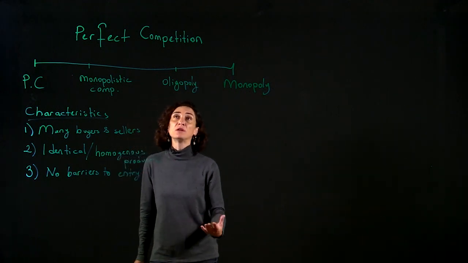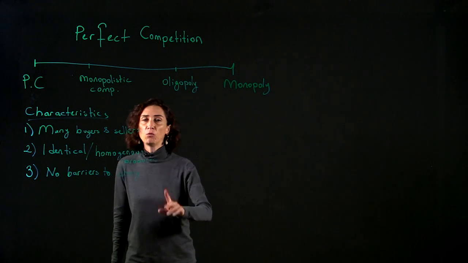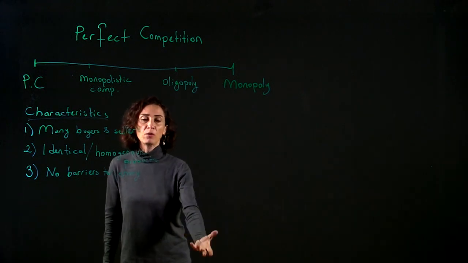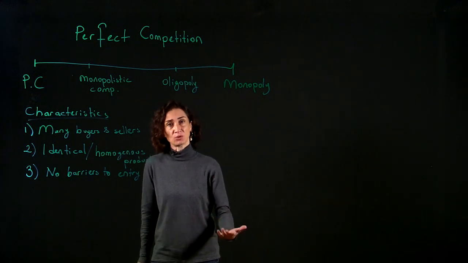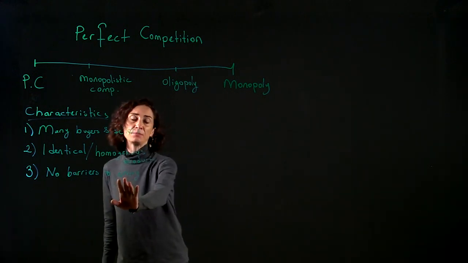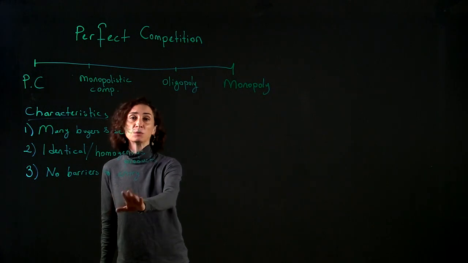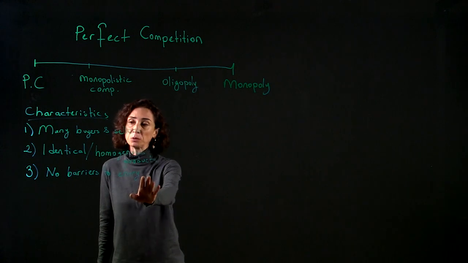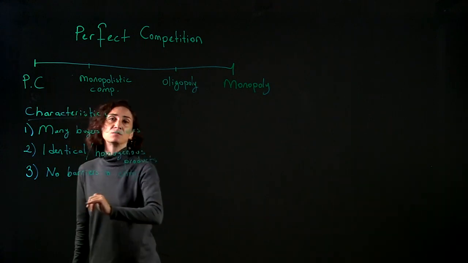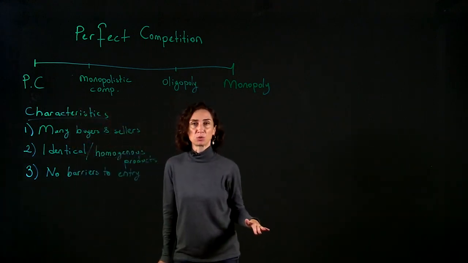If the government says, I only allow one firm to provide electricity in Ankara, then that is a barrier to entry. Barriers to entry can be natural or legal, we will see. They can be bad or sometimes not so harmful, we will see. But in perfectly competitive markets, we have no barriers to entry.